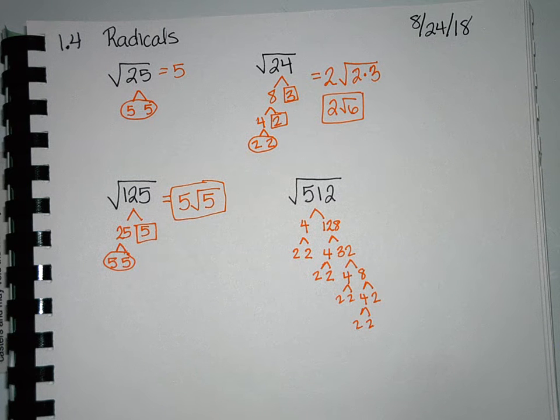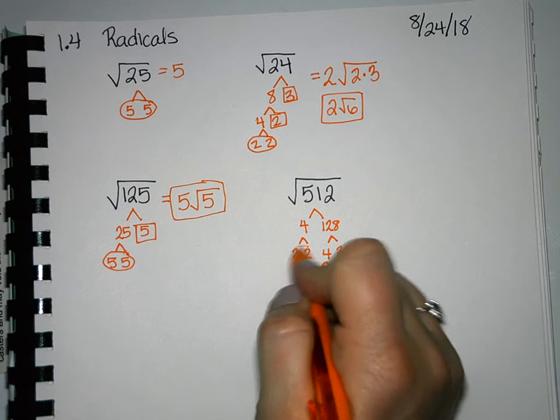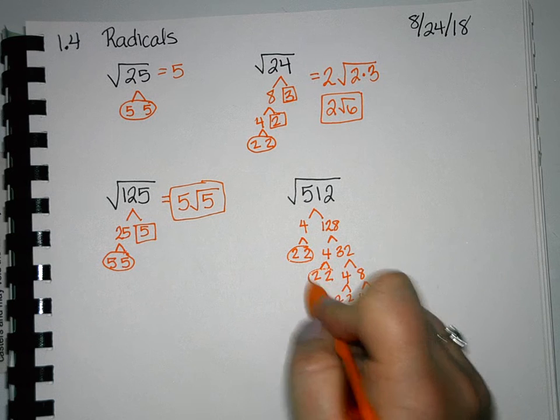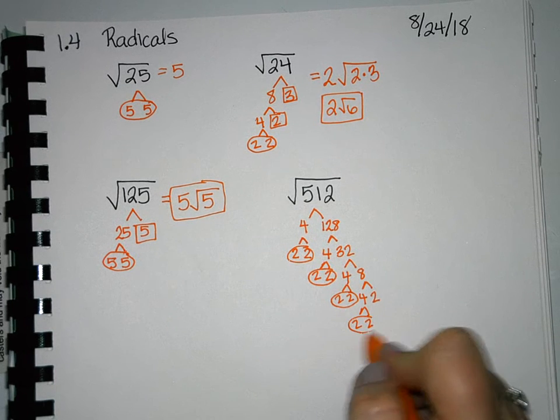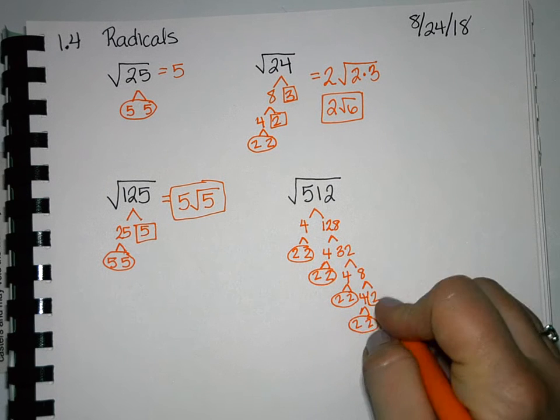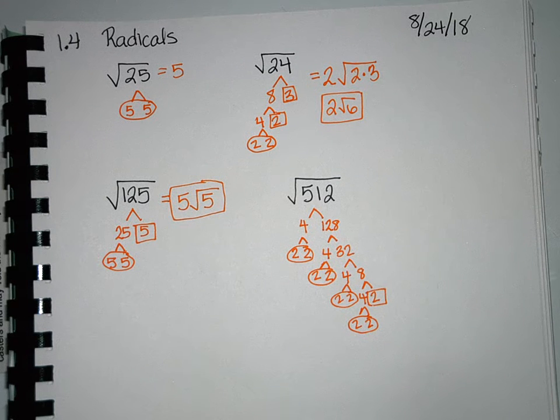So let's see how many pairs of 2s we can make. I see a pair here, a pair here, a pair there, a pair there, and this is my odd one out, the one that did not have a pair. So how many pairs of 2s did we have on this one? 4.